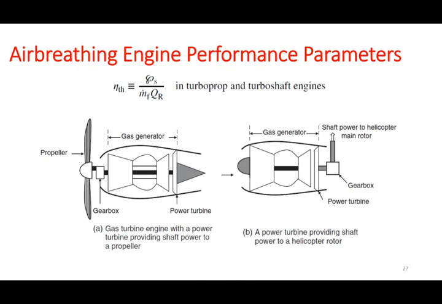And if you're dealing with a turboprop, like this case, or a turboshaft engine, you shouldn't even include the kinetic energy changes in your thermal efficiency calculations, because the kinetic energy jump is going to be so small compared to the mechanical energy you're giving to the shaft. We have two examples of gas turbines that include the shaft, and most of the extracted mechanical energy goes to the shaft instead of the jump in kinetic energy.